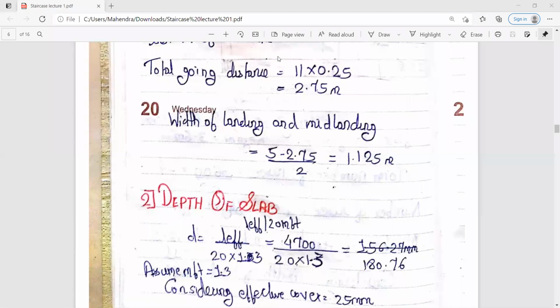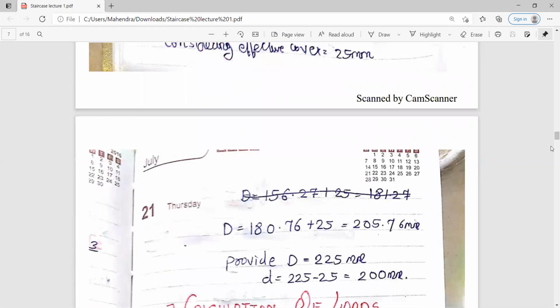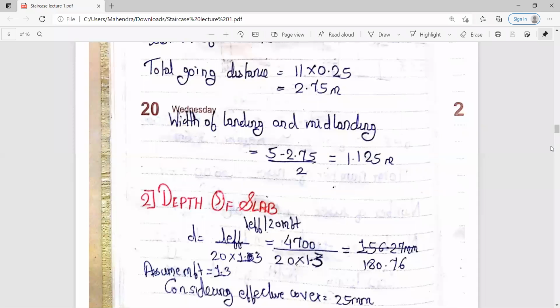Then we shall proceed to step number 2. Should I proceed to step number 2? Done. Step number 1 is done.